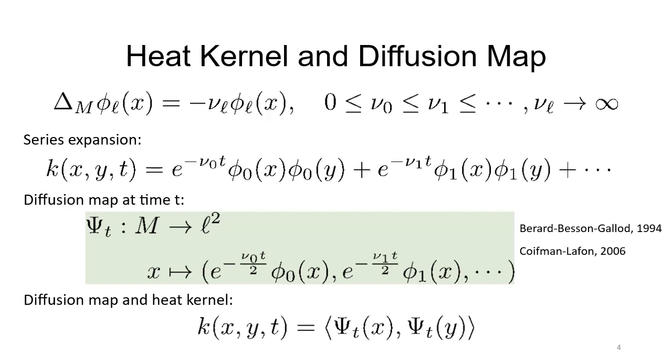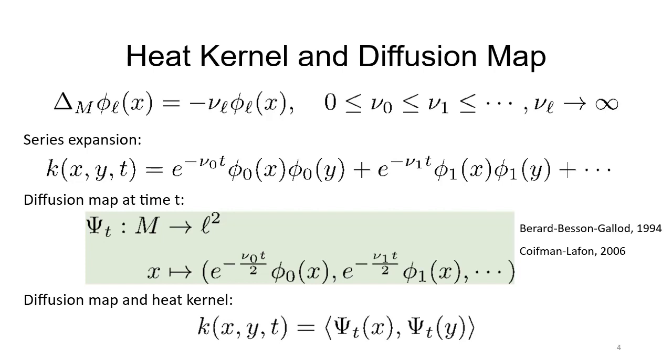Now let's take these eigenvalues and eigenfunctions, and we use them to define a map called a diffusion map at a diffusion time t, according to this psi_t definition. For each point x on the manifold M, we can put this point into a sequence space.